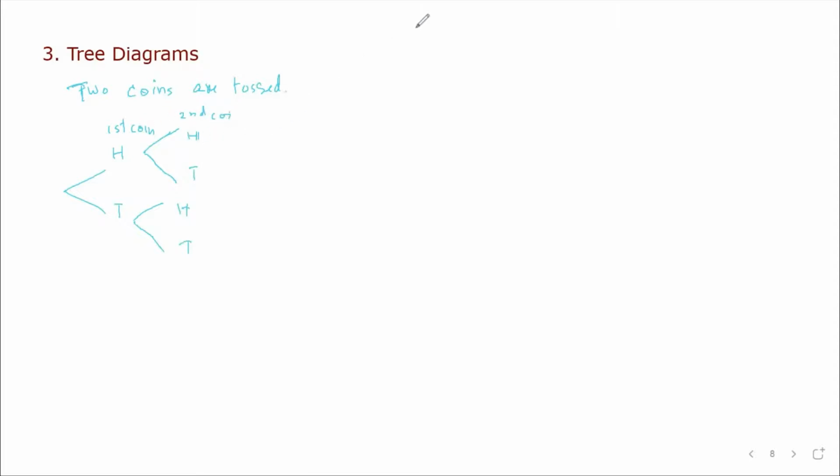So you can get the sample space from this one. The sample space is going to be: head, head, right? You have head here. And then head, tail. And then tail, head.